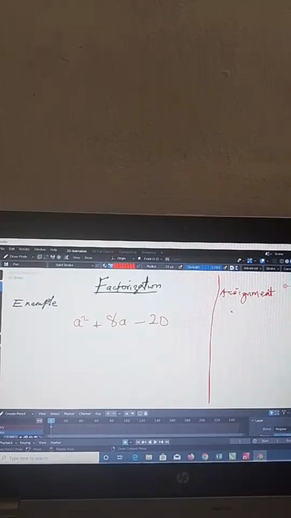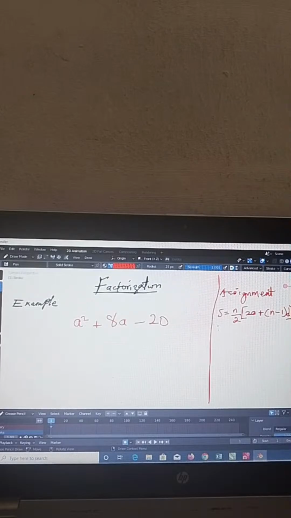Factorize a squared plus 8a minus 20 and put your answer in the comment section, in the chat box. Let's take it from there. x is equal to n over 2 in bracket a plus n minus 1 bracket d.